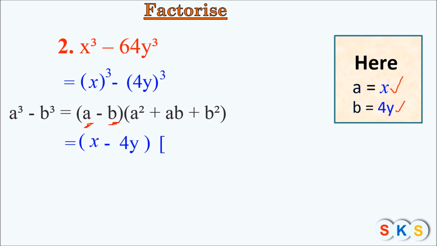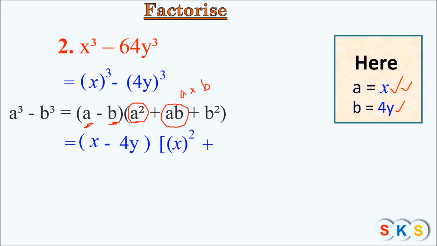In the second bracket, we have the first term as a square, and what is the value of a? You can see in the rectangular box it is x. So at the place of a square, we will write x the whole square plus, after plus, we have ab in this formula. ab means a into b, correct?